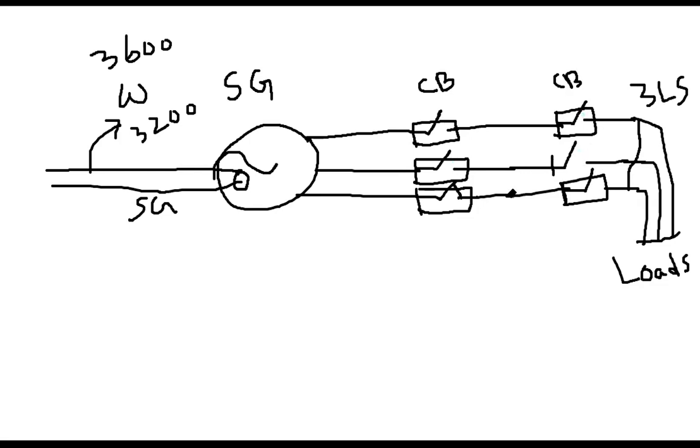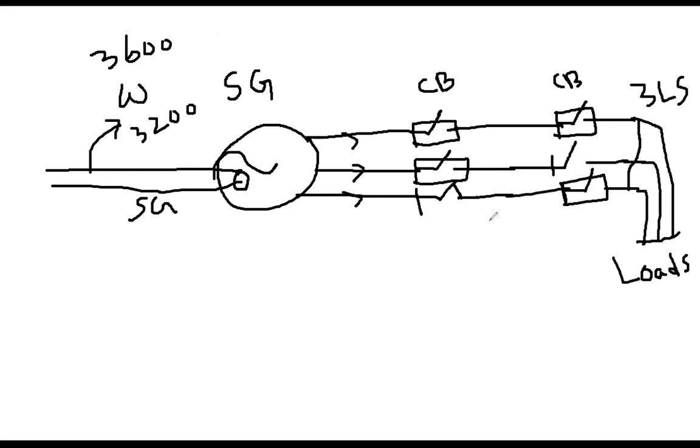What is the objective of that opening? That will open so that the faulty part, this part, got disconnected. Because the fault current is coming from the generator, if you open the breaker, no more fault current is going.